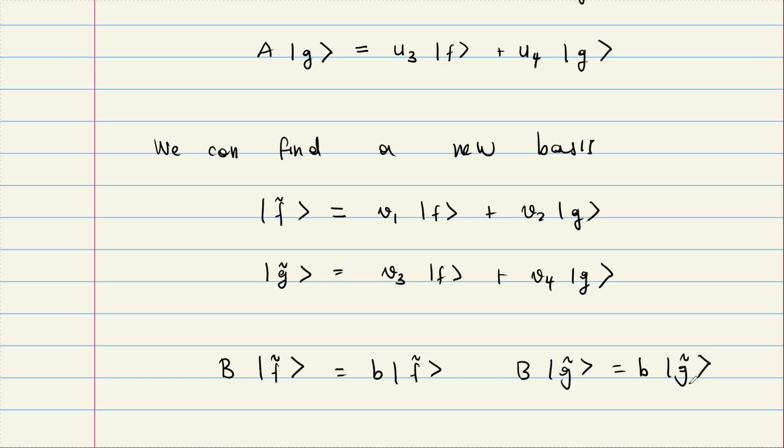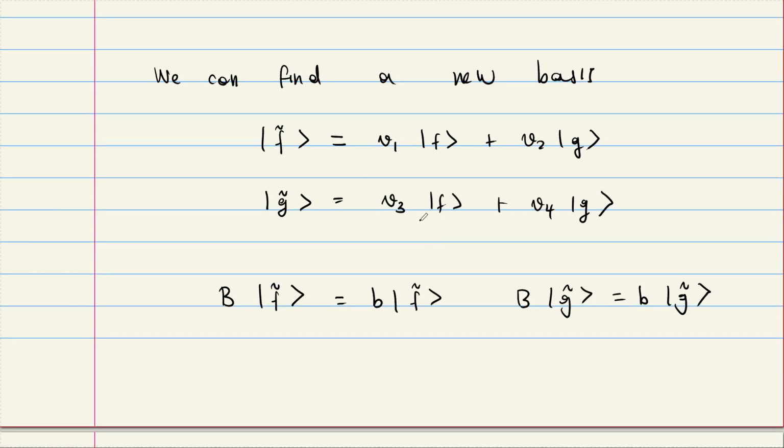And the last piece of the proof is we should show that we can choose V1, V2, V3 and V4 in such a way F tilde and G tilde are eigenstates of A. Once we do that, we are done, and that's the last piece. So does anybody have any problem with this? This new basis, F tilde and G tilde, are eigenstates of B. There is no problem with B, and eigenvalues are still B.